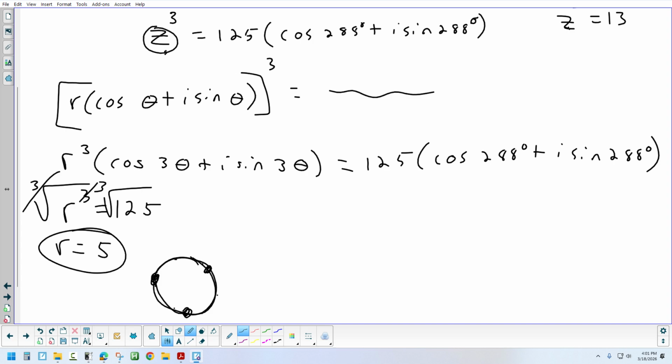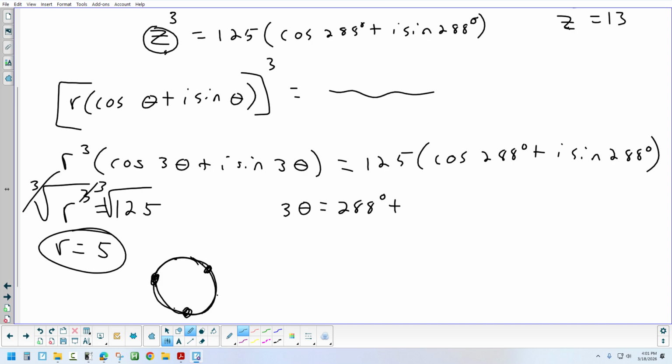So we know the size of the circle. Let's figure out where the 3 dots are going to be. The angle on the left is 3 theta. What's the angle on the right? 288. Now, if that's all you do and you solve that, you're only going to get one answer, one of the dots.